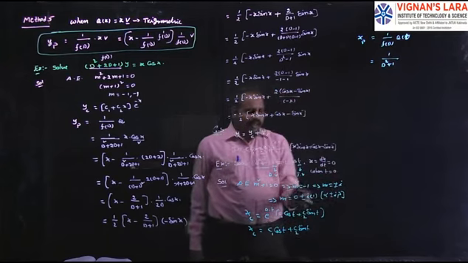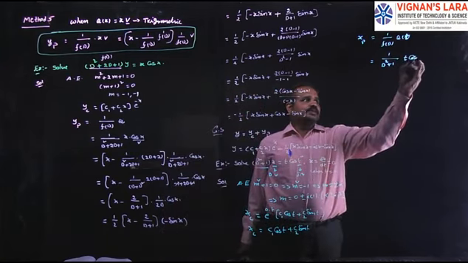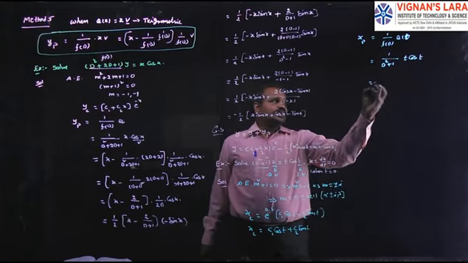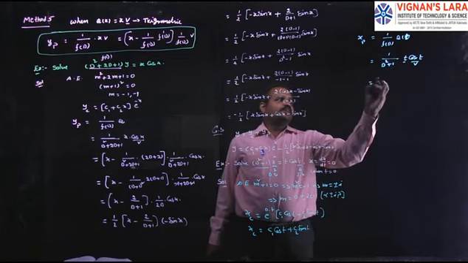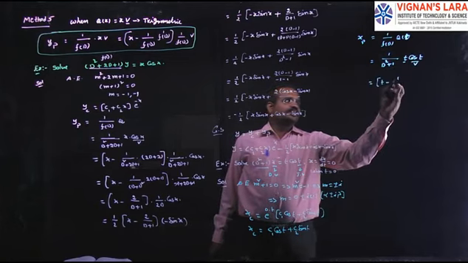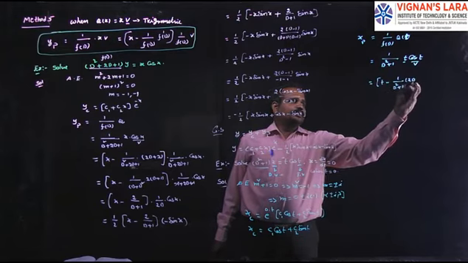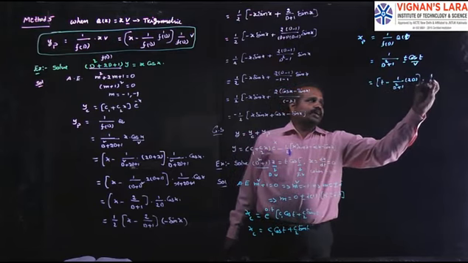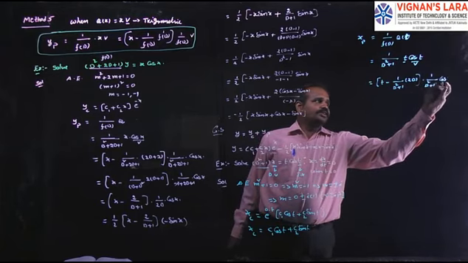The right hand side value is t cos t, which is in the form of x into v, t into v. Formula for this: t minus 1 by f of d into f dash, means 2d, into 1 by f of d, means d square plus 1, into cos t.